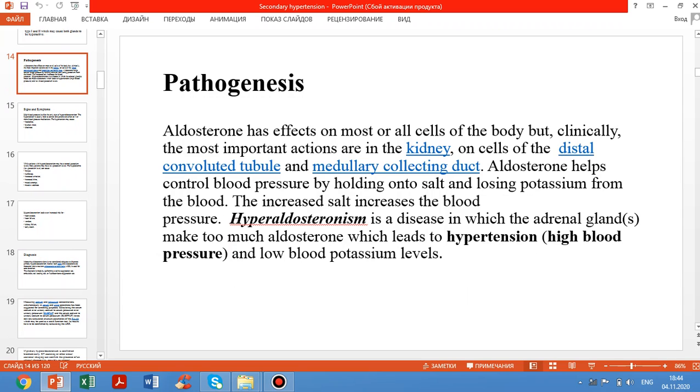Aldosterone helps control blood pressure by holding onto salt and losing potassium from the blood. The increased salt increases the blood pressure. Hyperaldosteronism is a disease in which the adrenal glands make too much aldosterone, which leads to hypertension and low blood potassium level.